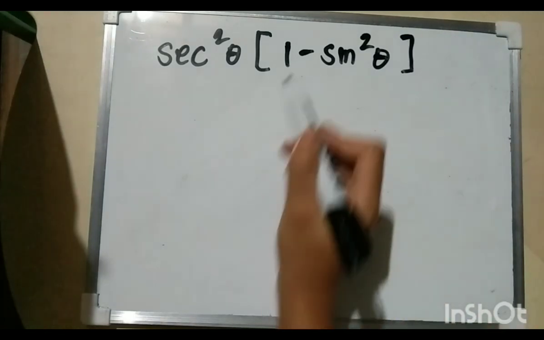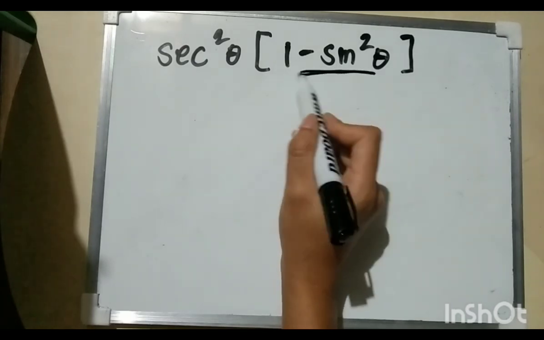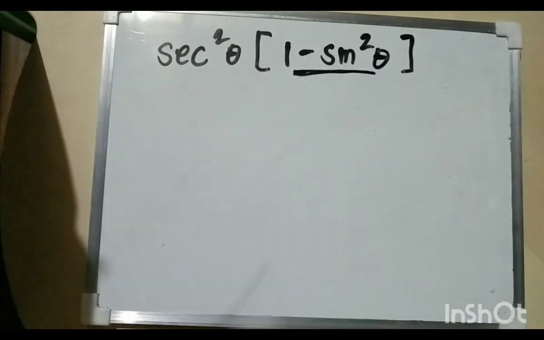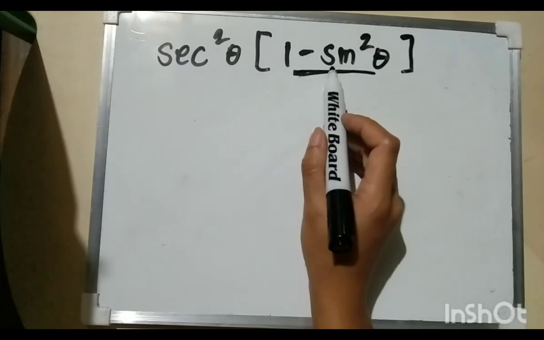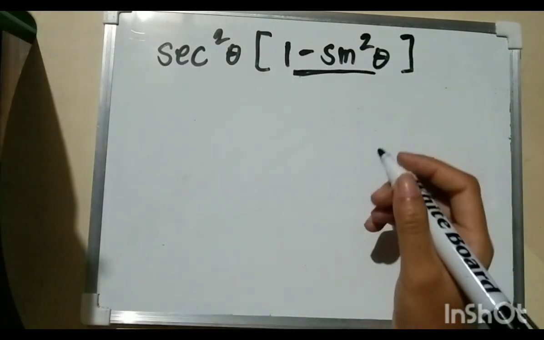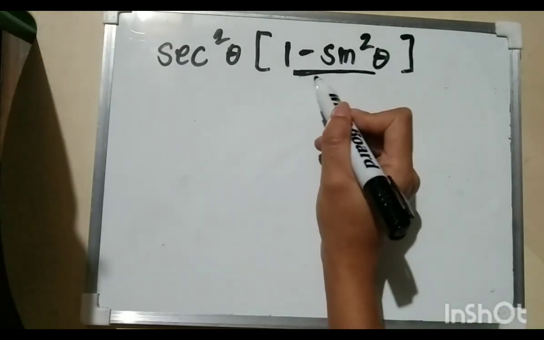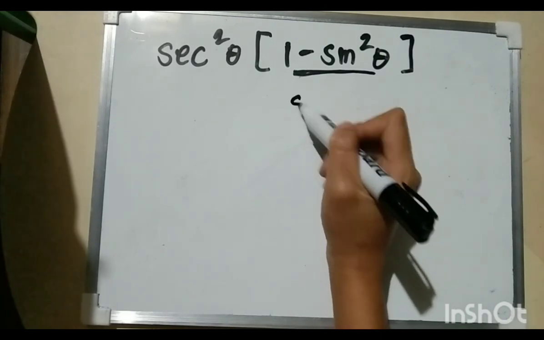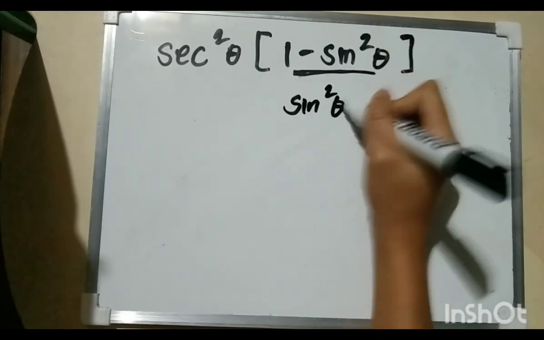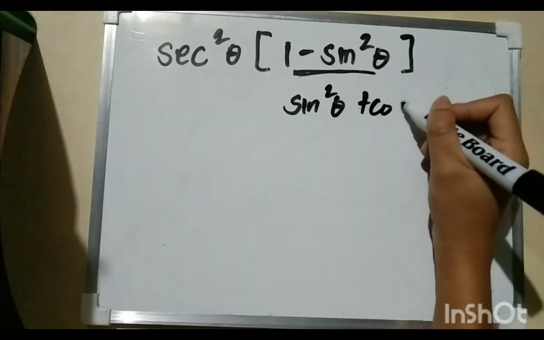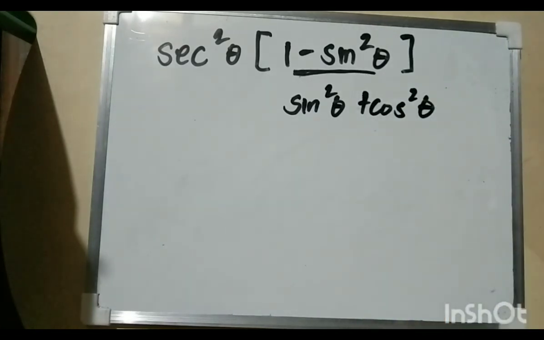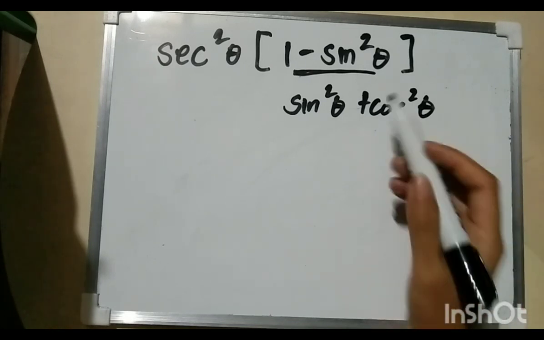This expression is very familiar because this is a Pythagorean identity. It could also be expressed as cosine squared theta. Cosine squared theta is also equivalent to 1 minus sine squared theta, but we will just use this one.